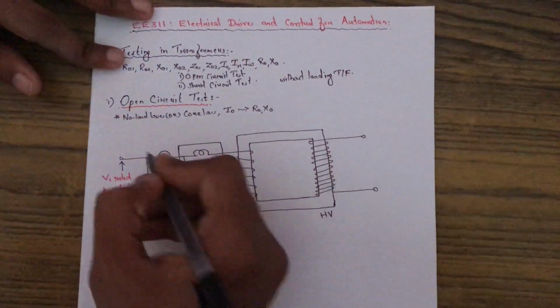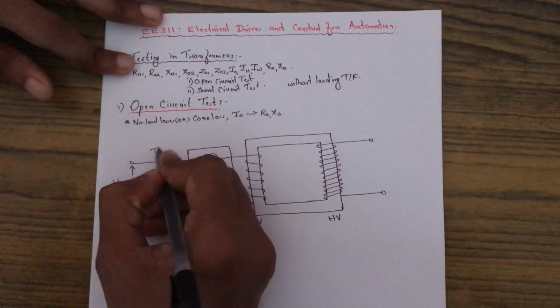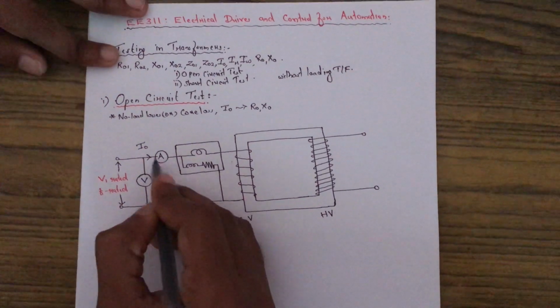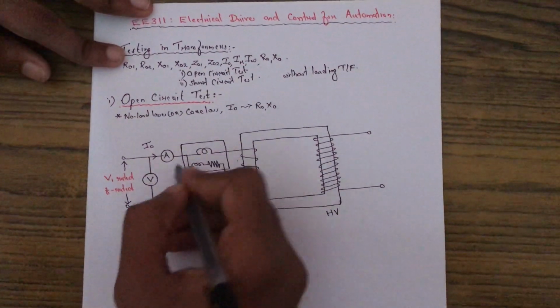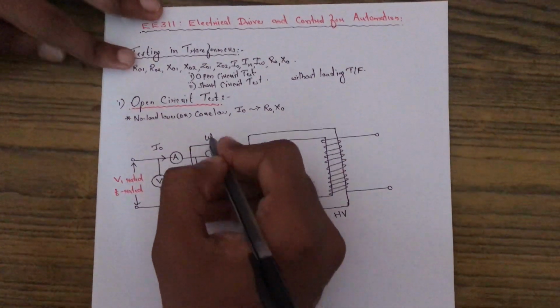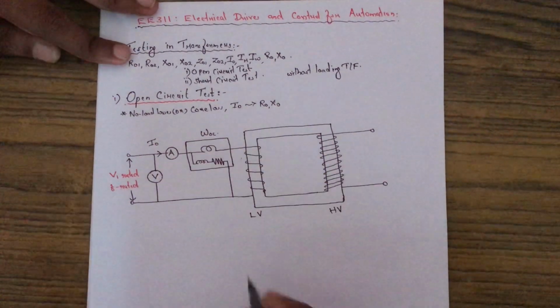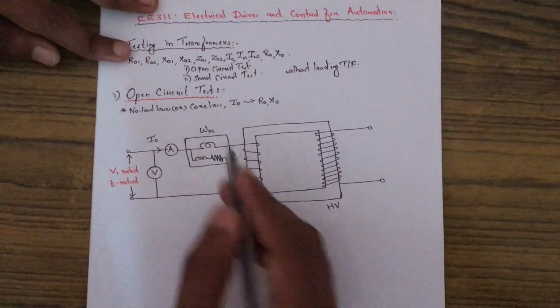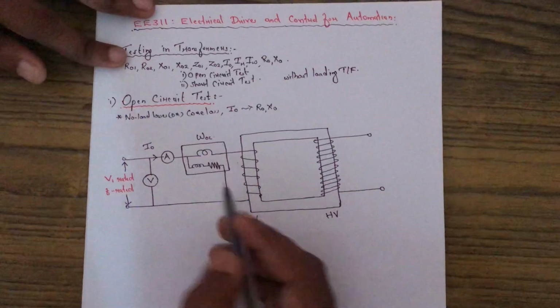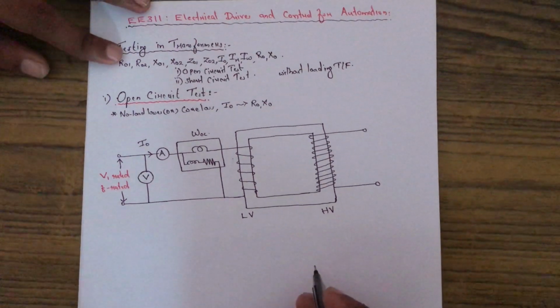If we are applying a voltage, since there is no load, a no load current I0 will be flowing. This no load current can be measured from this ammeter, and the no load power can be measured from this wattmeter. WOC, let us see, power at an open circuit condition.